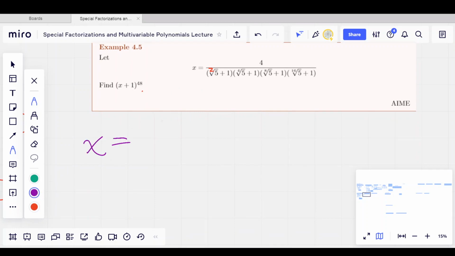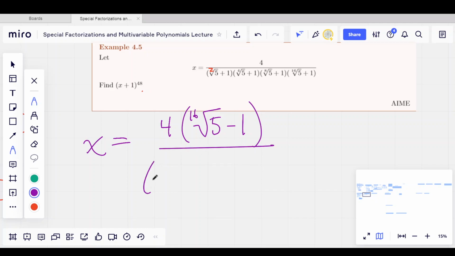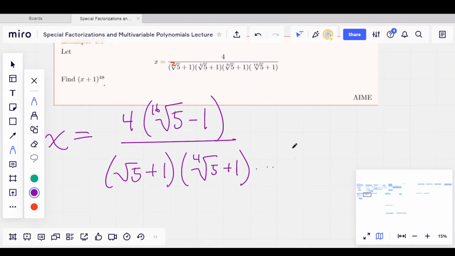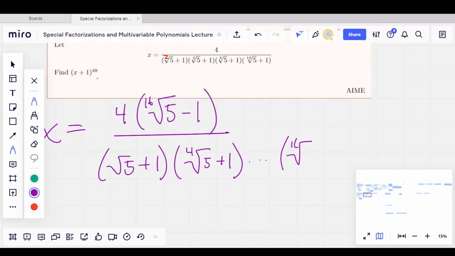So x equals 4 times this, and then we're multiplying by the 16th root of 5. And then we have the 16th root of 5 plus 1 times the 16th root of 5 minus 1.